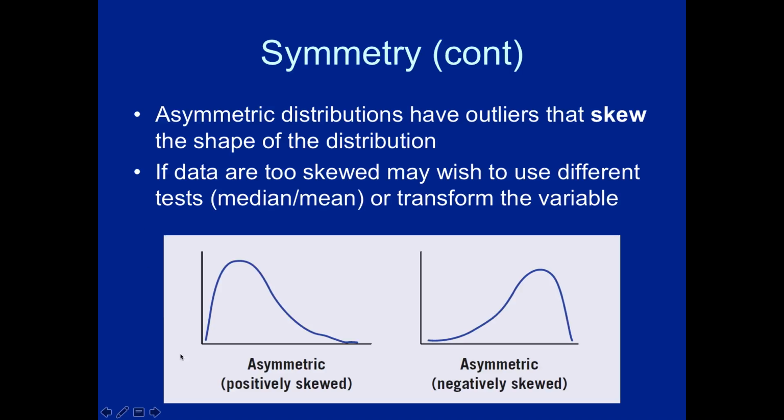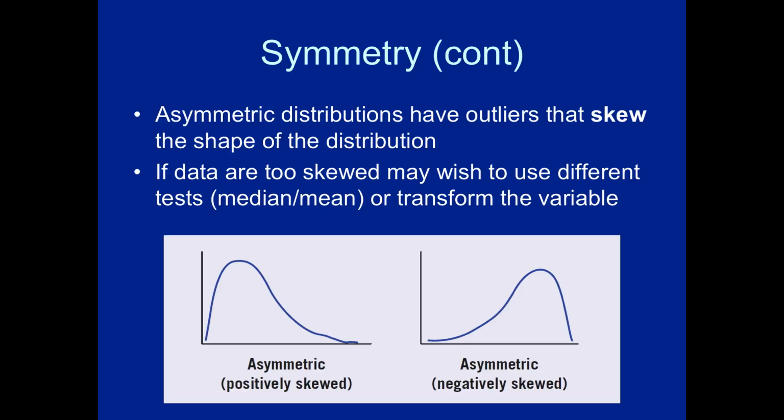So this left one shows a positive skew. The way I like to remember this is that if you're going to draw a circle, whatever side you can draw the circle on that's bigger would be the side it's skewed toward. So if you draw a number line with 0 in the middle, and then 1 over here and -1 over here, if you have one that looks like this, you can draw a circle over here, so that's positive.